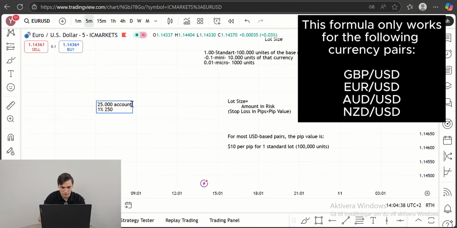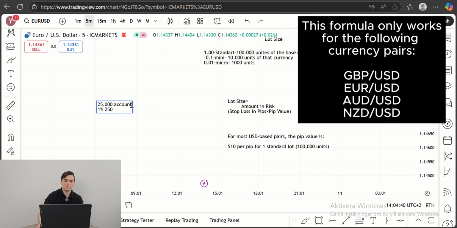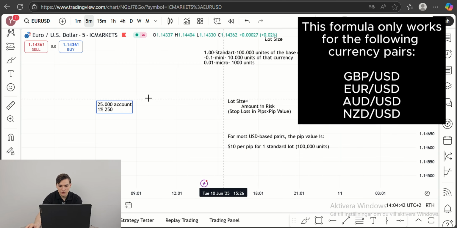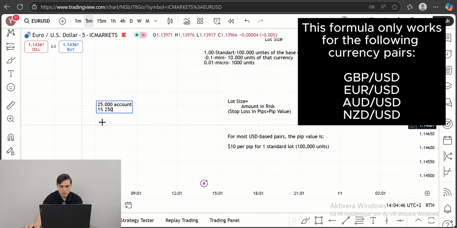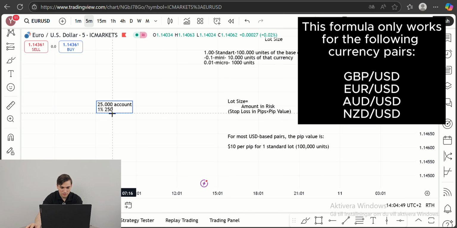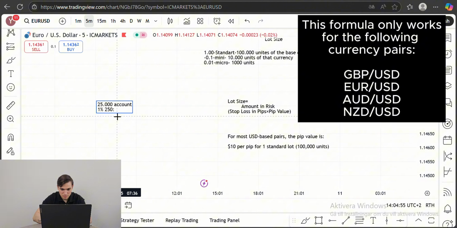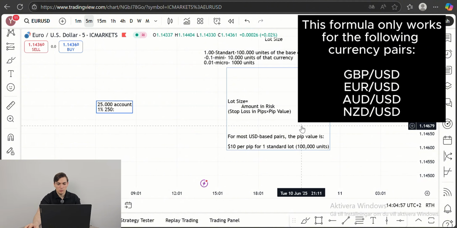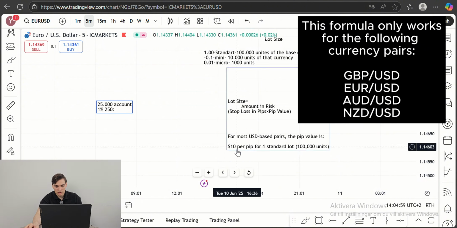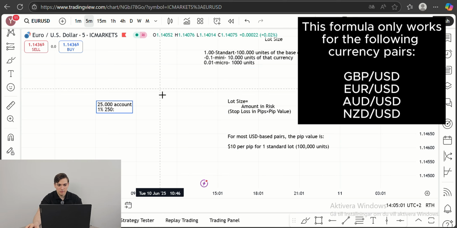That's 250. So now we have the amount at risk, 250, and then the stop loss. This amount we have to divide by the stop loss in pips times the pip value. Now we know that the pip value is 10.